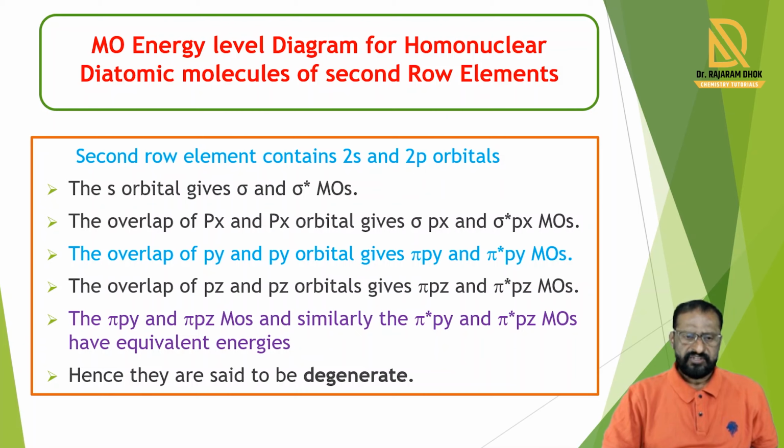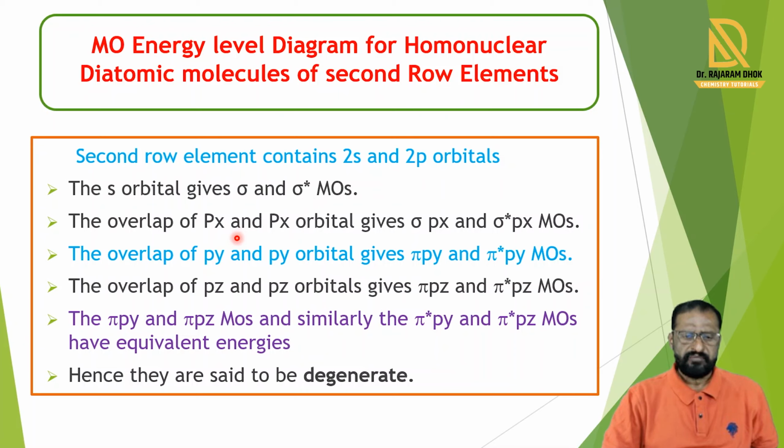In case of the s orbital of one atom and the s orbital of the other atom, when they combine, there is formation of two molecular orbitals. So in this s-s combination, there is formation of one sigma bonding and one sigma star molecular orbital.